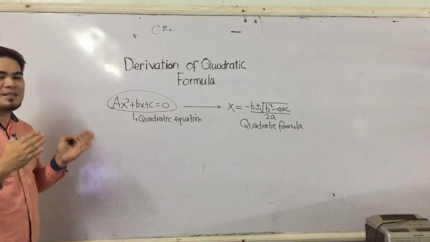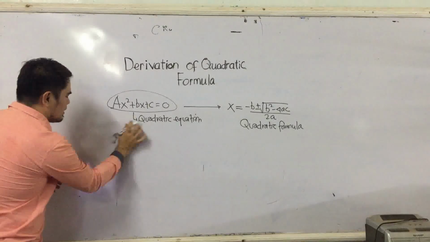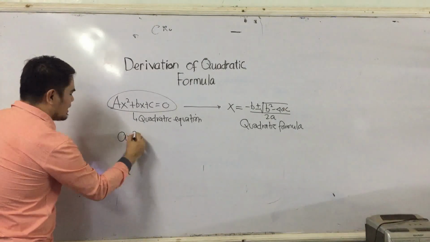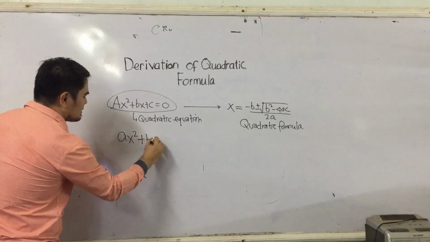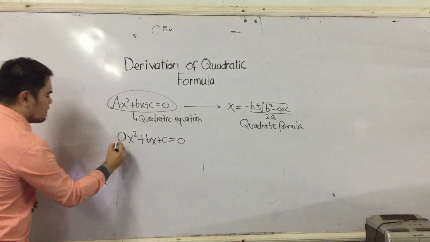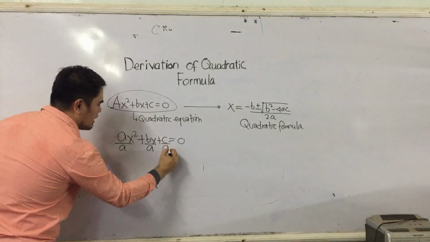So, first and foremost again, we are going to write here ax squared plus bx plus c equals 0. So, divide both sides by a.